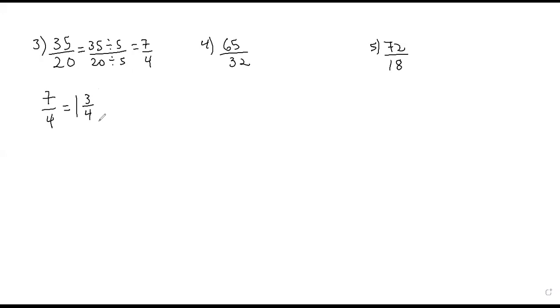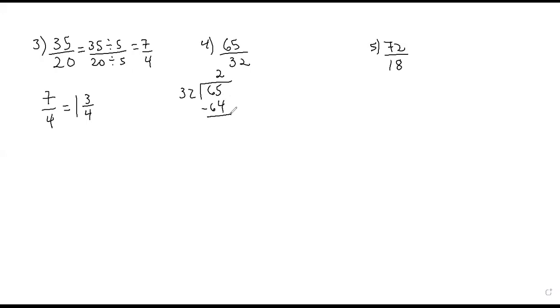The next one, 65 divided by 32. 2 times 32 is 64.